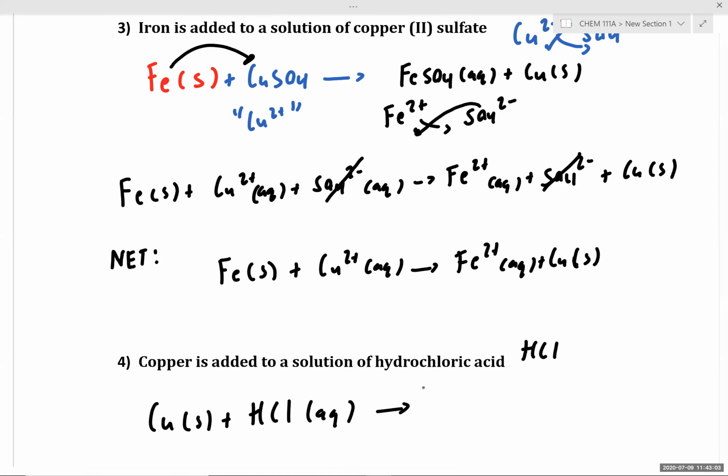If we mix copper and hydrochloric acid, do we expect a reaction to occur? Before we look at the activity series, do we suspect a reaction will occur? I see a lot of students that are skeptical that a reaction will occur.